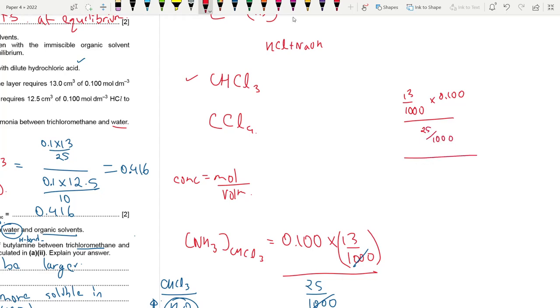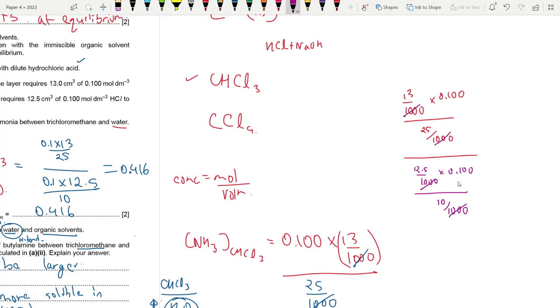On the other hand, in the aqueous layer, it was 12.5 divided by 1000 into 0.100, since 12.5 cm cube of HCl was required, divided by 10 divided by 1000. So as you can see, the 1000s get cancelled out, so they're not required.